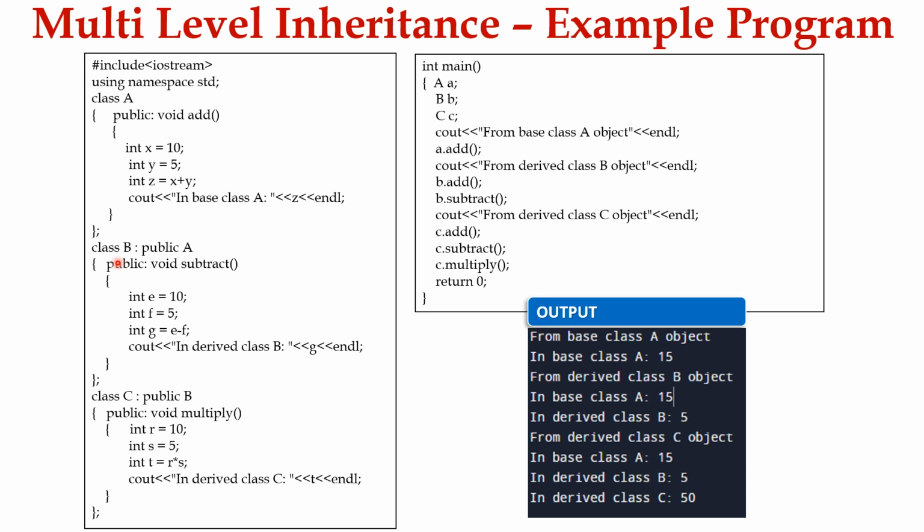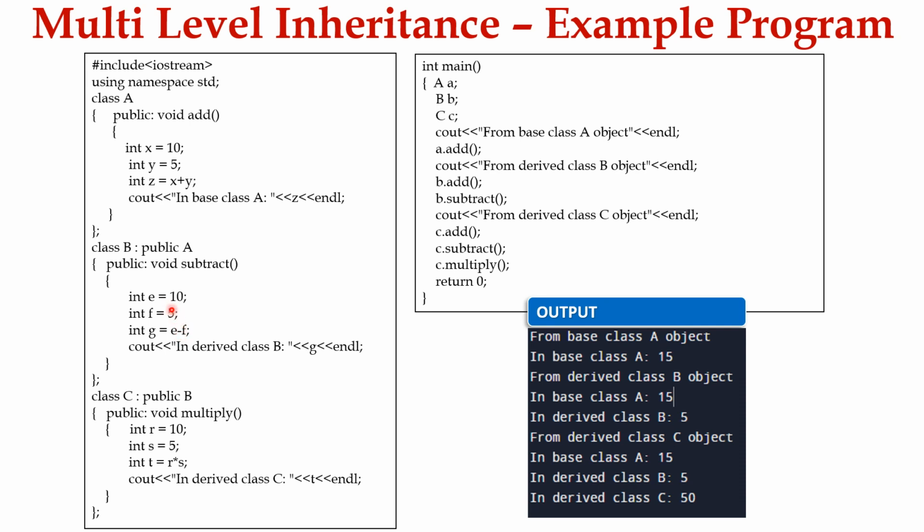Next, we have defined the class definition for class B, that is class B colon public capital A. Here, class B inherits the properties of class A. Therefore, class B can access the variables and functions which are available in class A, in addition to its own variables and functions.